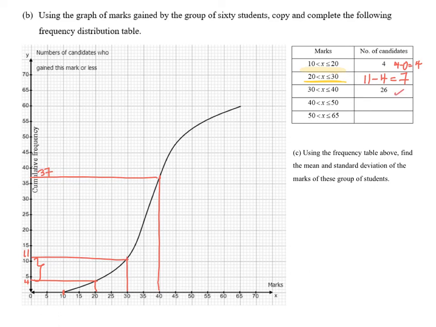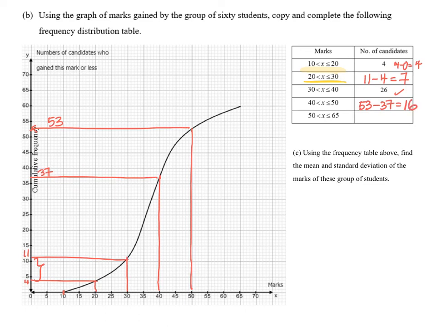And from 40 to 50, so 50 will be here, this number. Total of 53. So that will be 53 minus 37 to get a total of 16.